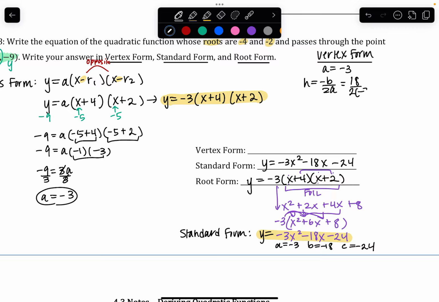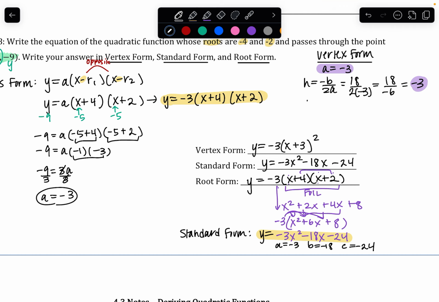Over 2 times a would give me 18 over -6, which is -3. Okay, so I know a is -3. I know H is -3, and so we can start our vertex form, the A value, and then because H is -3, we're going to see a +3 inside the parentheses.